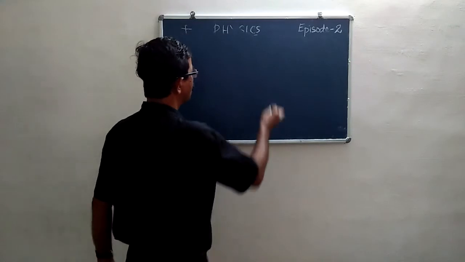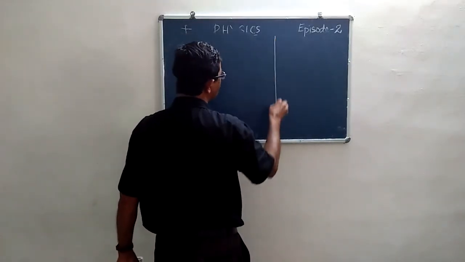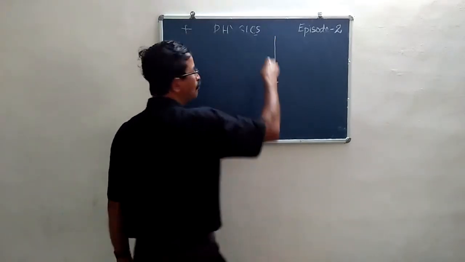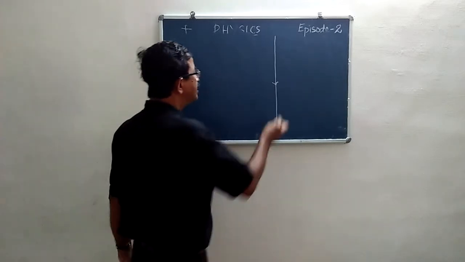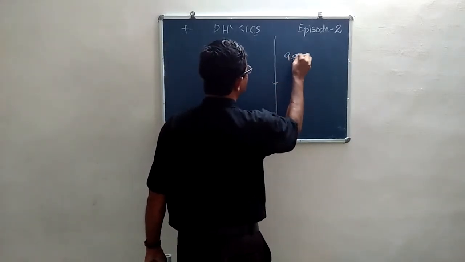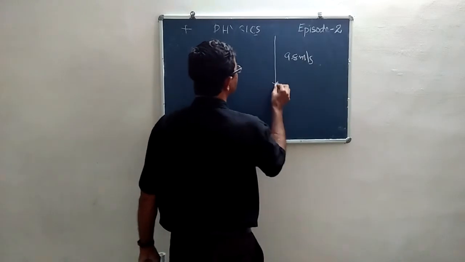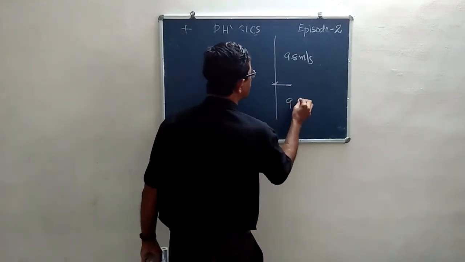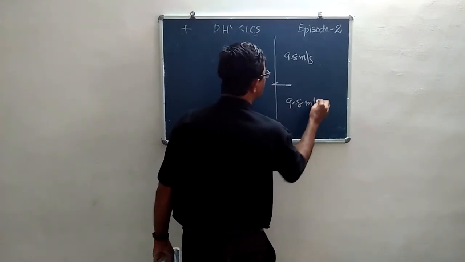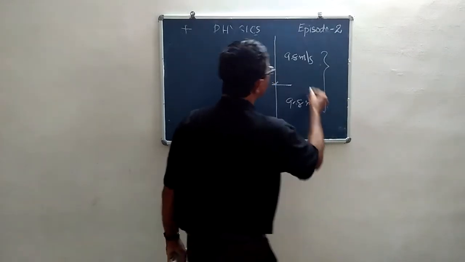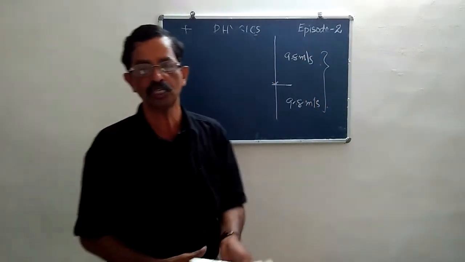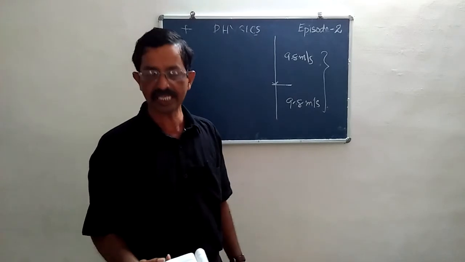For example, for a freely falling body, each second velocity increases by 9.8 meters per second. In the first second, and the next second also, it is 9.8 meters per second. So the increase in velocity is equal, so it is in uniform acceleration.